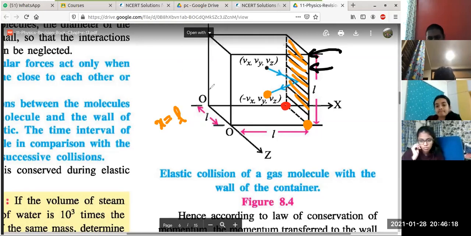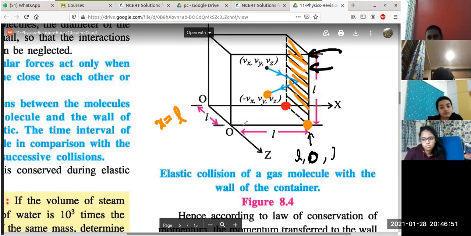The orange point, right? So the orange point will be minus Vx, Vy. Coordinate X is L. X पे L है, Y पे कितना है? Y पे 0, and Z also 0.